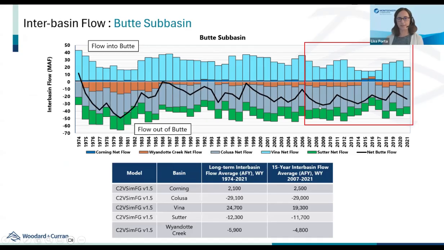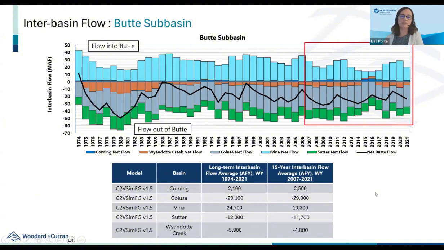So the Butte subbasin is over the long term losing water on the net perspective to its neighbors. If you focus on the red box here, the last 15 years, you can clearly see that there's a trend, but the trend is actually not going down. It's just the average is staying pretty stable from a perspective of interbasin flow.